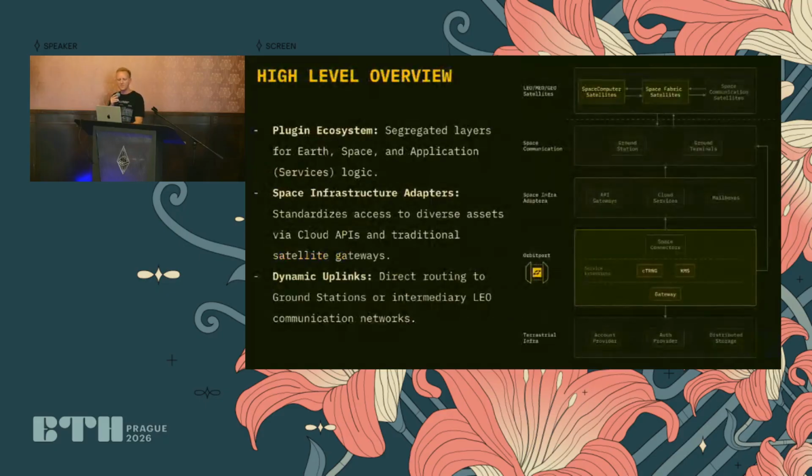And this is the high-level picture of where we are with Orbitport. At the bottom, you can see that it's connected to some Earth infrastructure like account providers, and from the other side to some space infra adapters. That's a typo.